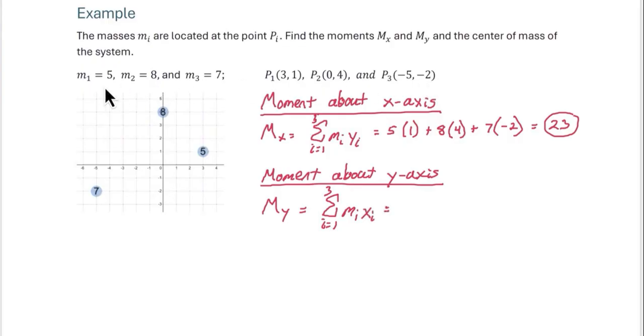First mass is 5, and we're going to multiply by 3, plus the second mass, 8, times 0, plus the third mass, 7, times -5. And here we get the moment is -20.